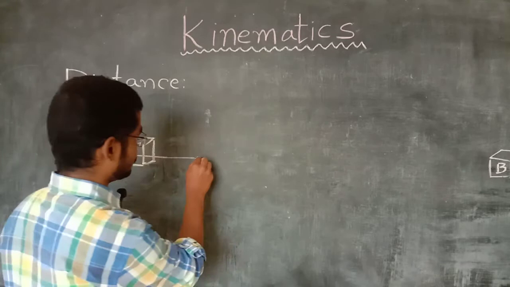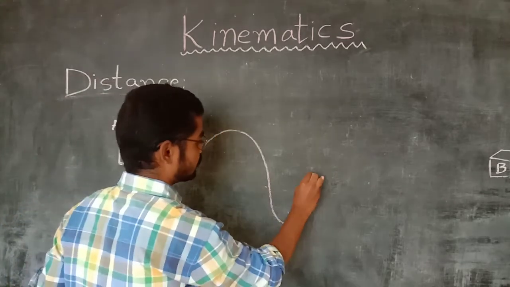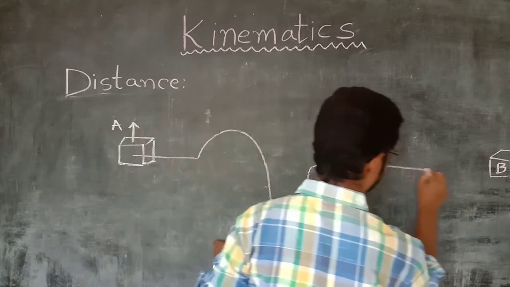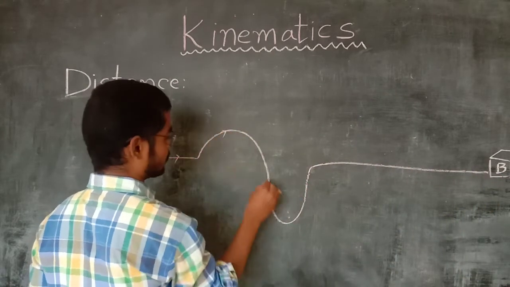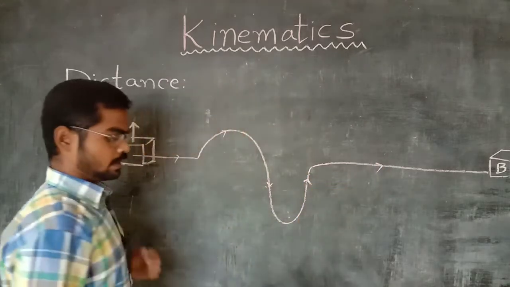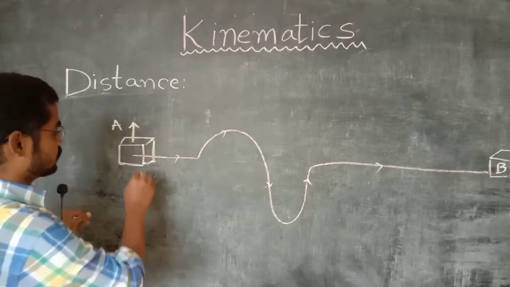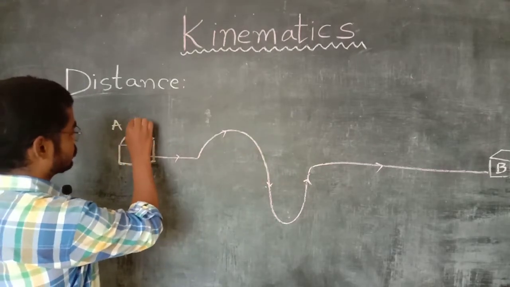I can go straight and take a diversion like this, and after this I can reach. I can go by following this path, and also I can reach from A to B in this manner.